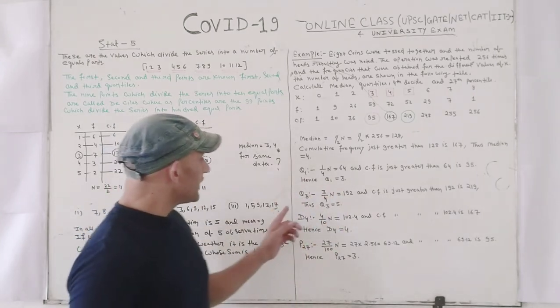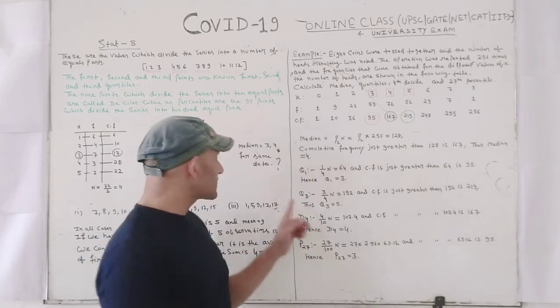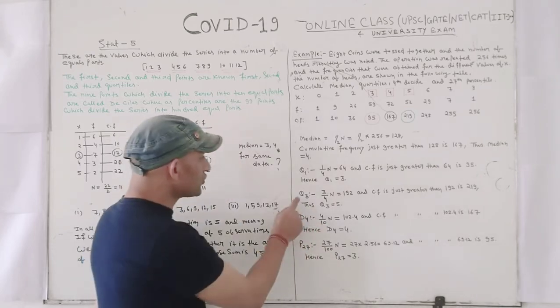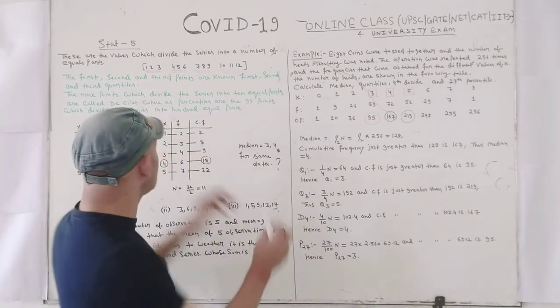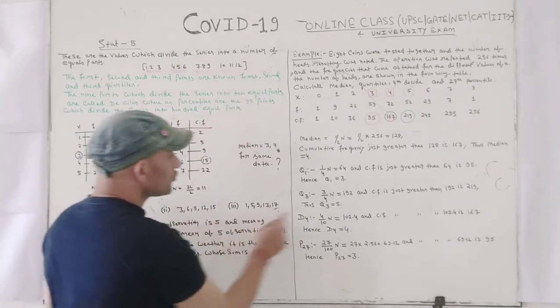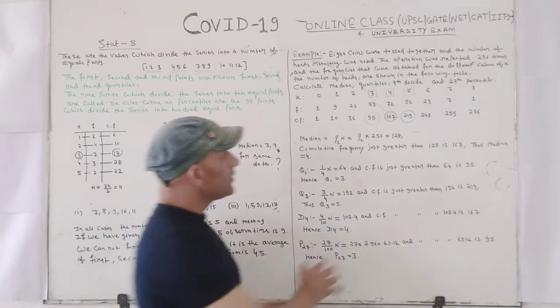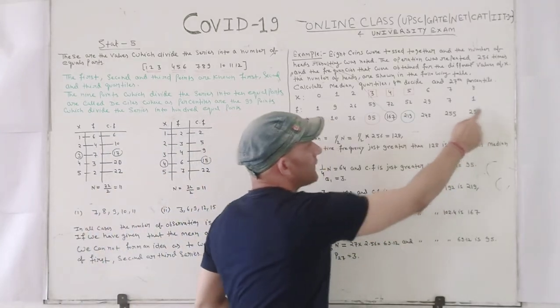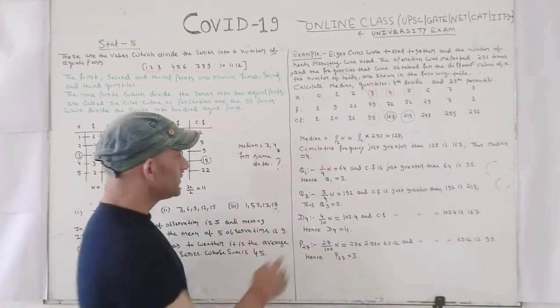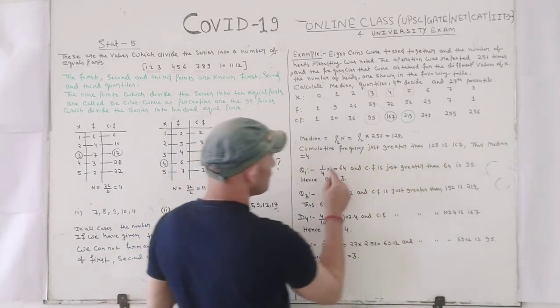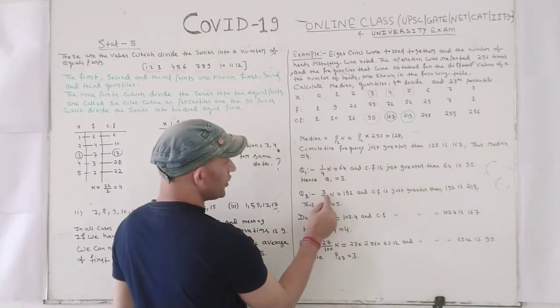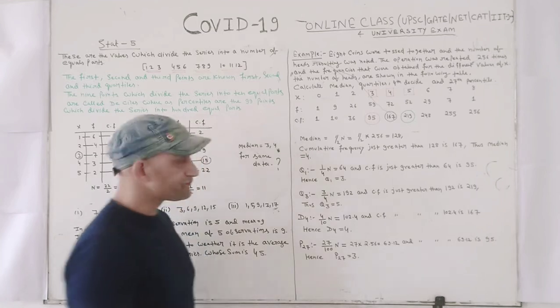Now suppose your examiner has asked to find Q3. Q3 is the third part of the 4 total equal parts, so you write 3 upon 4 n. We have already told you that n is 256, the sum of all the frequencies. So 256 into 3 upon 4 is 192.